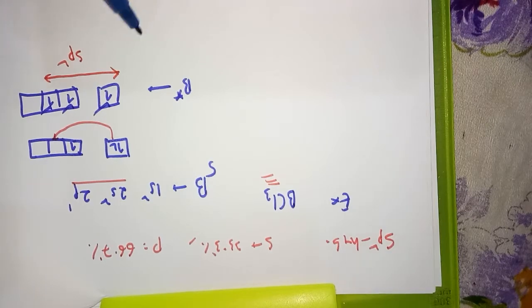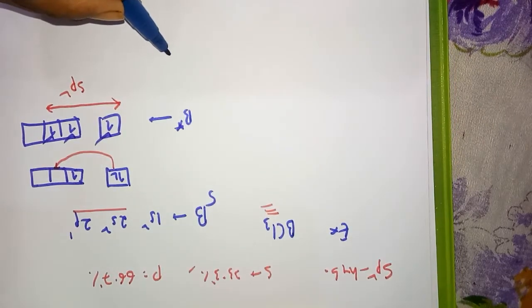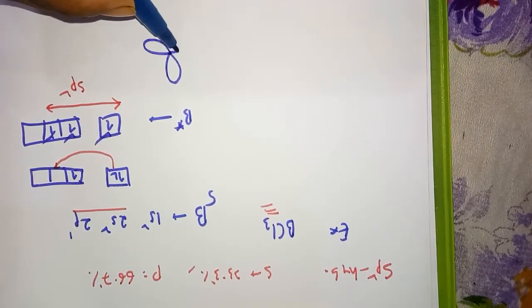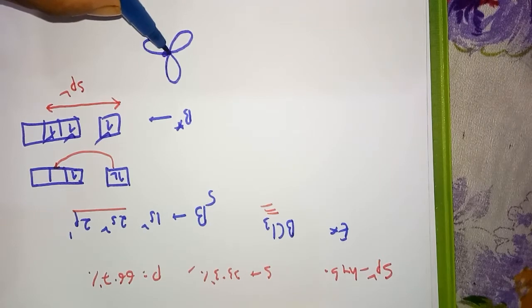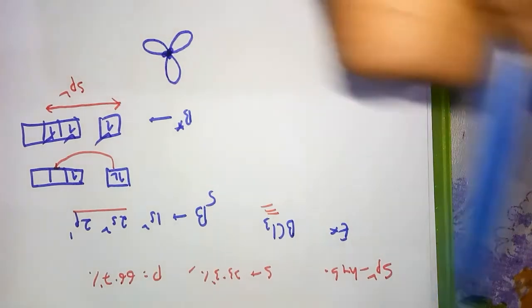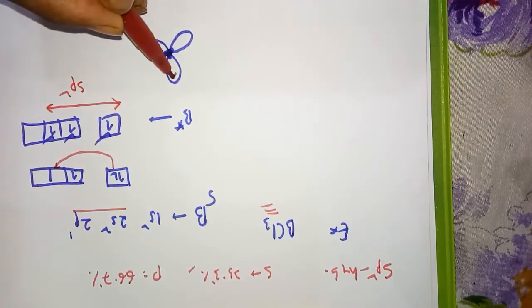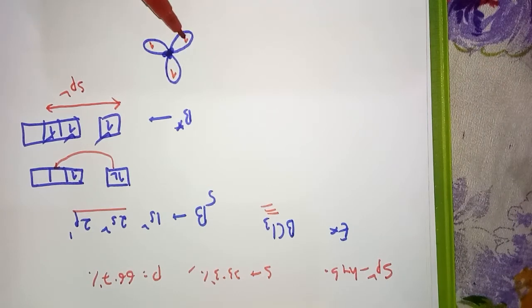So there will be 3 hybrid orbitals. You see 3 corners of a triangle like that, 3 hybrid orbitals. And how many electrons are there? There are 3 electrons, so 1 electron, 1 electron, 1 electron. So 3 electrons I have put.